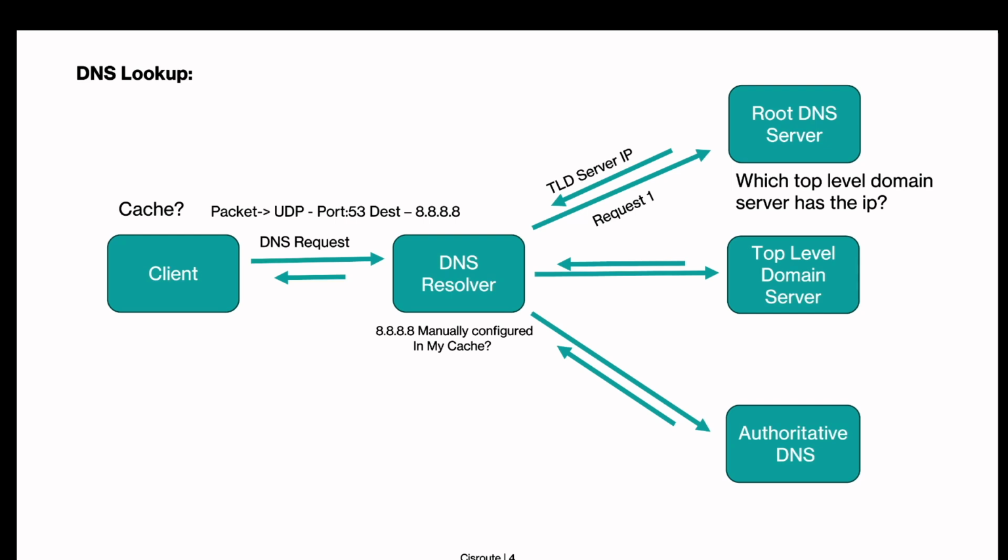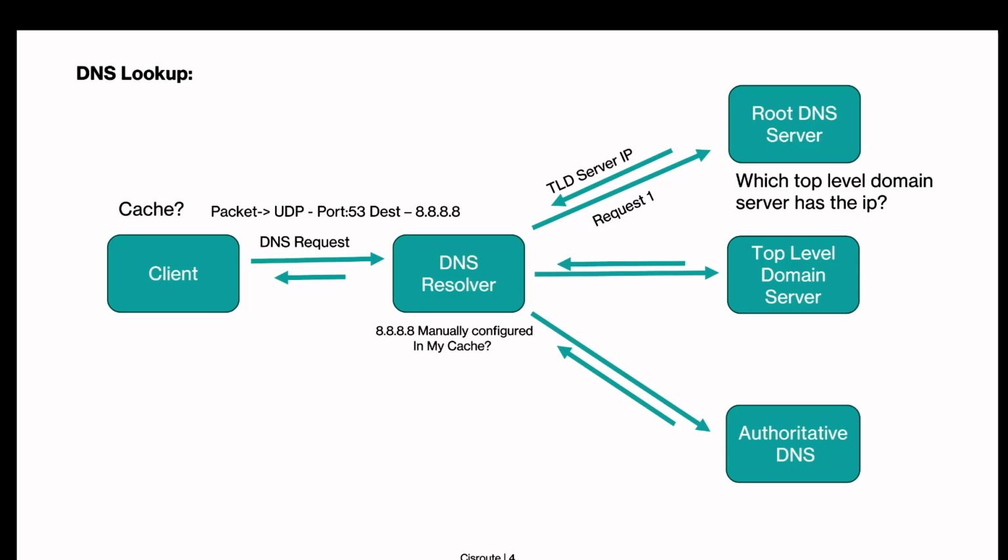So let's say sysroute.com, the last part is actually .com. So the root DNS server would give us the top level domain server for .com. The root DNS server would say, okay, you're searching for .com, I have to give you the top level domain server who has access to the .com domain.